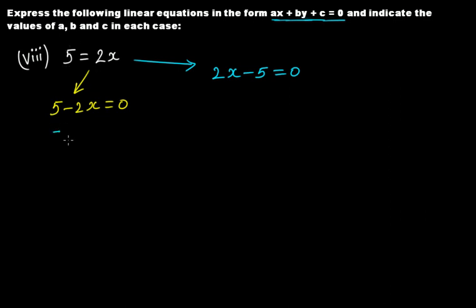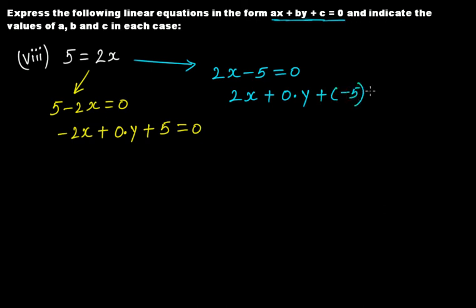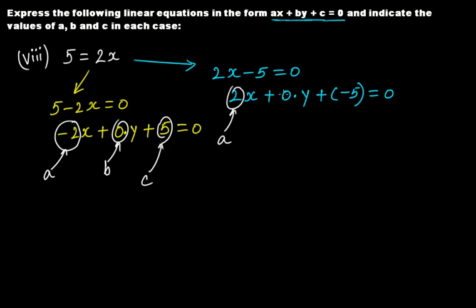So this is basically minus 2x plus 0 multiplied by y plus 5 equal to 0, and this is 2x plus 0 multiplied by y plus minus 5 equal to 0. Your minus 2 is A in this case, your B is 0 in this case, and C is equal to 5. 2 is A in this case, B is 0, and C in this case is minus 5, right?